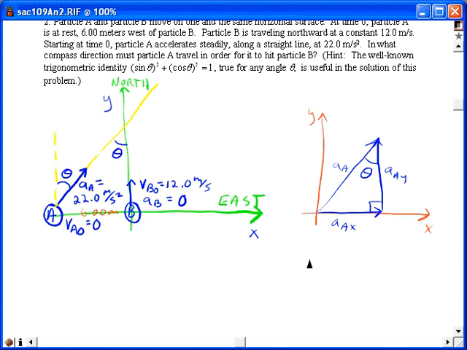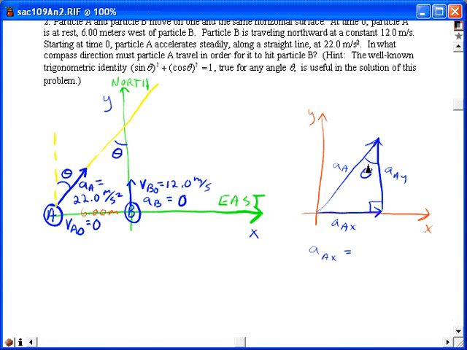That's theta. I can't get values for these because I don't know what theta is, even though I do have a value for a_A, namely 22 meters per second squared. But I can still express a_Ax in terms of this angle.